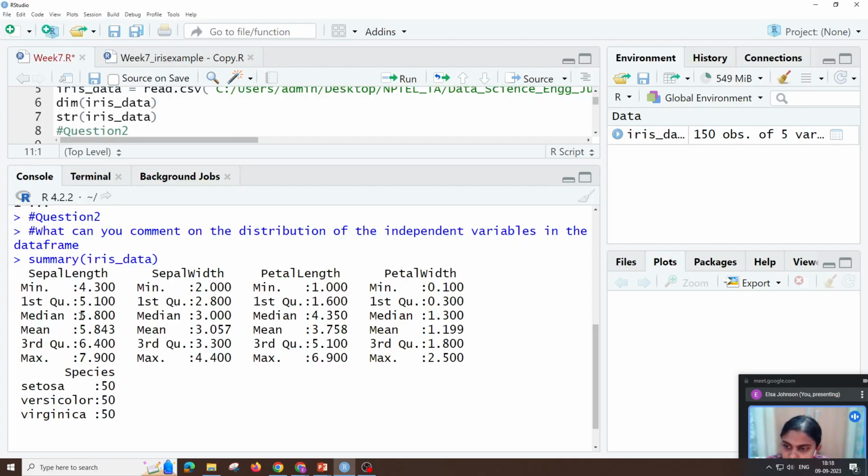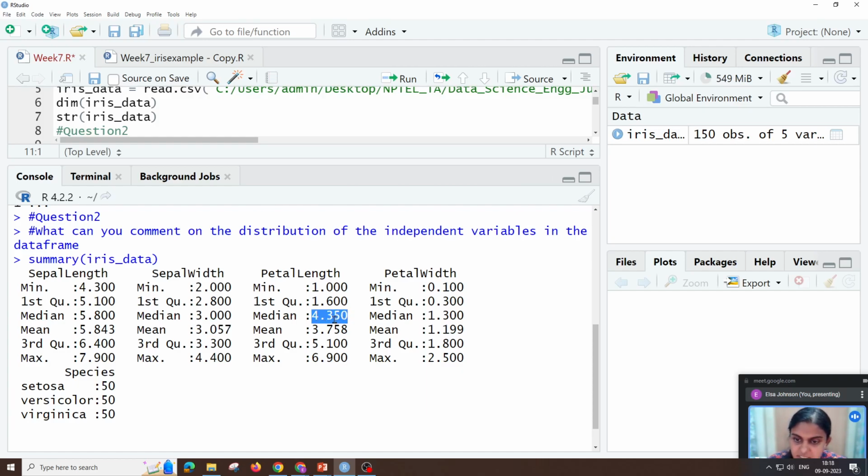So first you observe this one, median, mean. Both are like 5.8 and 5.843. You can say that sepal length is not having much difference in median and mean, so it is normally distributed. All right, sepal width also kind of. Now look at the petal length.